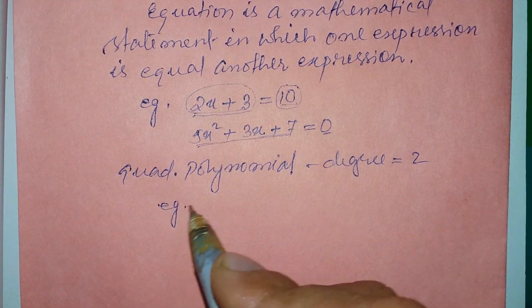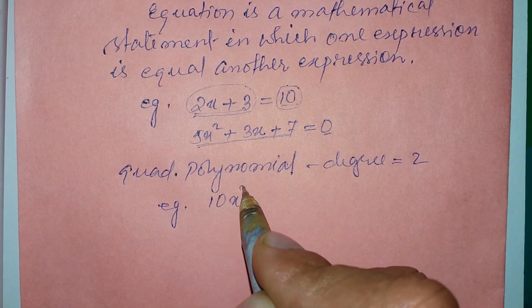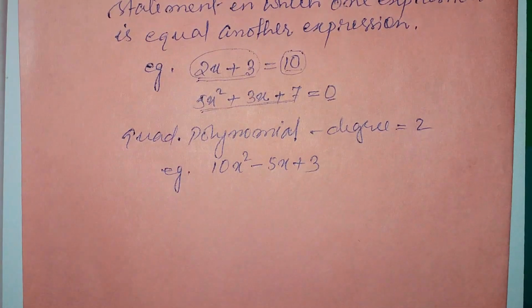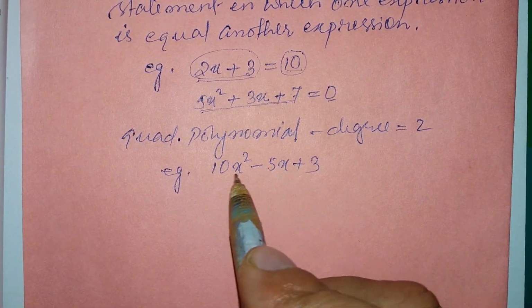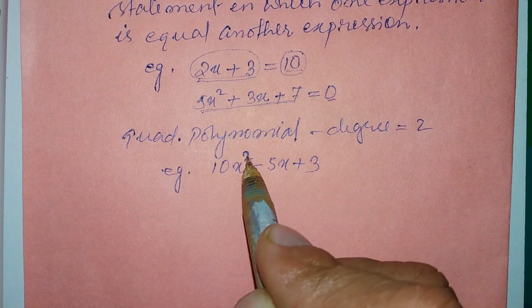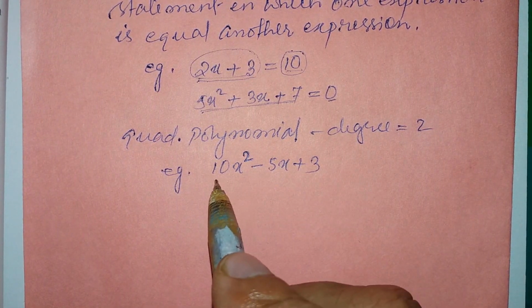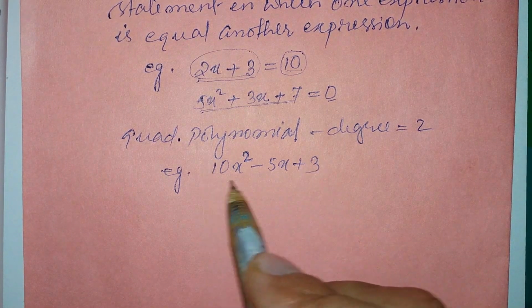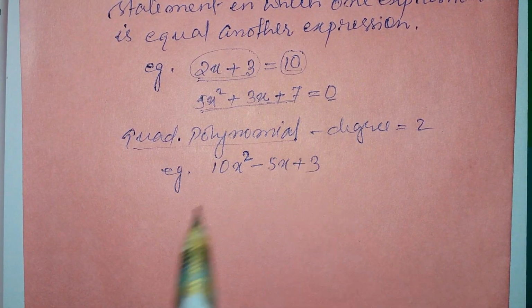Example is, you can write here 10x squared minus 5x plus 3. Now this is example of quadratic polynomial. Here the highest power is 2. The highest power of the variable, that is x, is 2 here. So we say that the degree of this polynomial is 2. Now since the degree of this polynomial is 2, we call it quadratic polynomial.